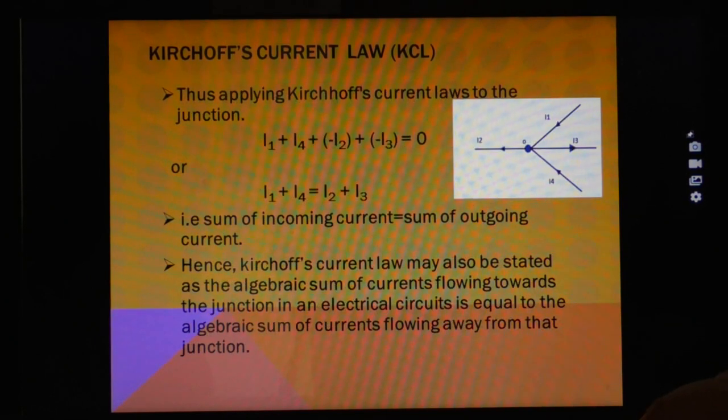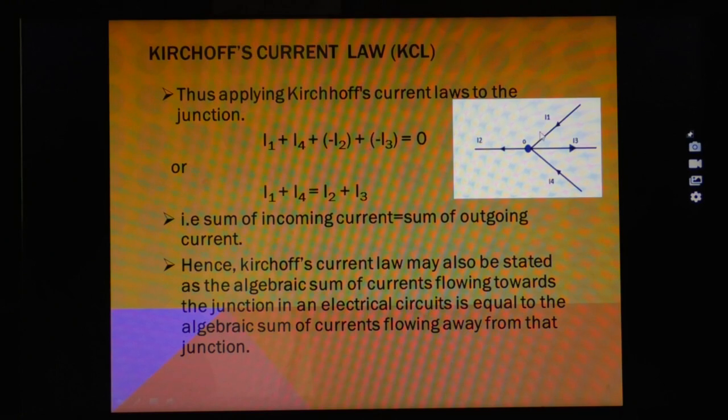So according to the statement of KCL law, that is sigma I is equal to 0. Let me sum up all the current. Algebraic sum of all the current which is passing through four conductors must be equal to 0. But do remember the sign convention. So it means I1 and I4 as they are moving towards O, the sign convention would be positive.